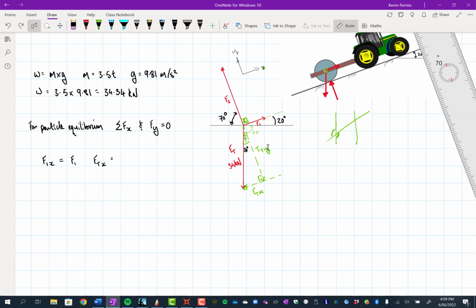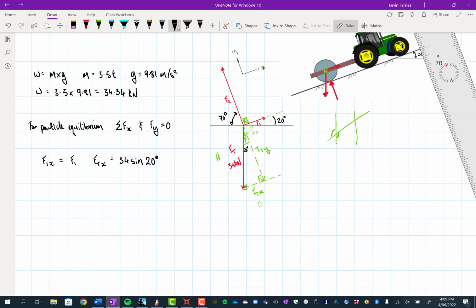So that's 20. And so therefore, this is going to be opposite, and this is going to be hypotenuse. Therefore, we're going to use sine. So ftx is going to be 34 kilonewtons times sine 20 degrees.